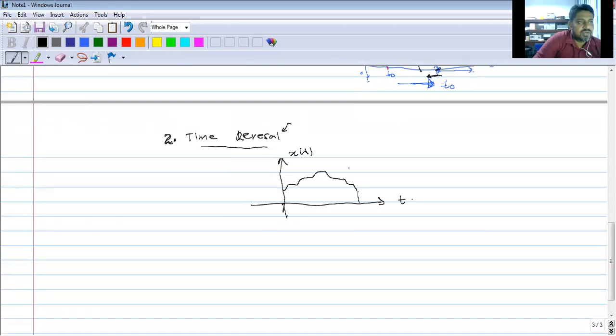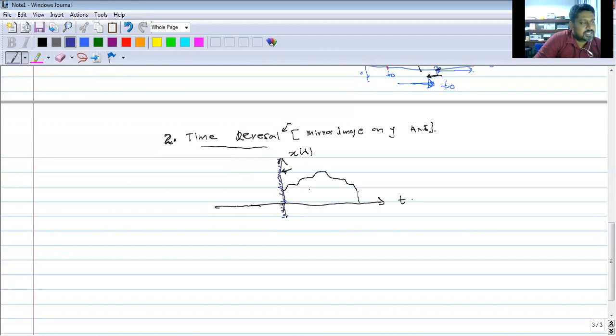We will get the mirror image of this signal on the y-axis. This we have already used.